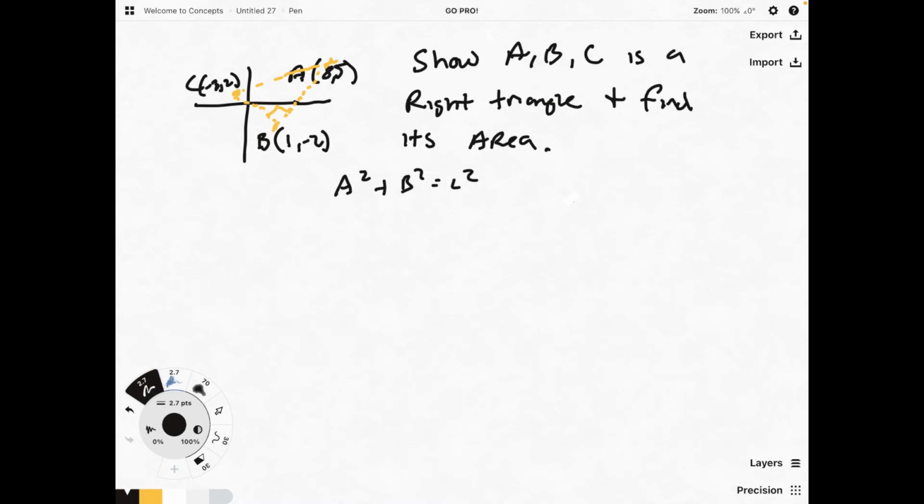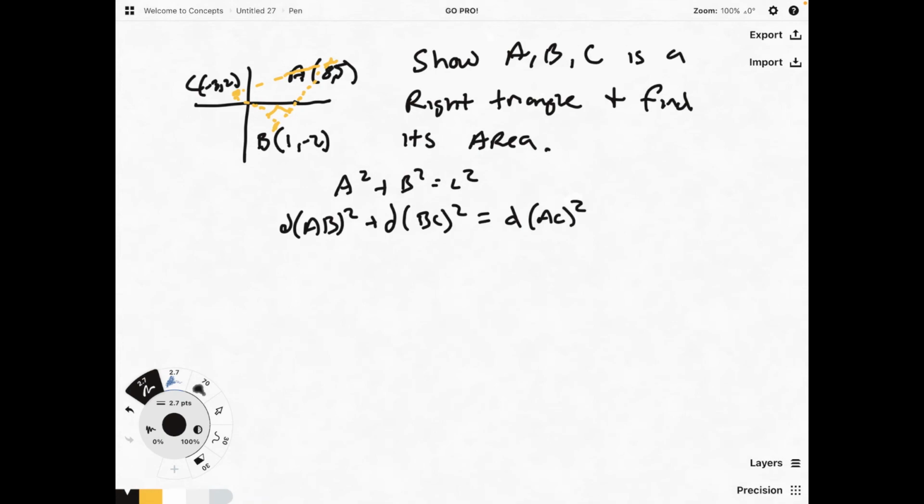So in this case, the distance of AB squared plus the distance of BC squared is equal to the distance of AC squared.